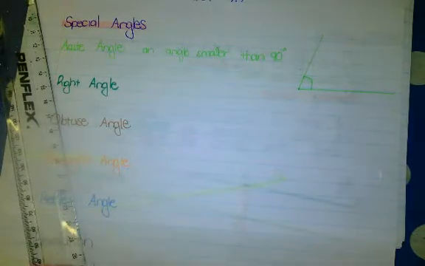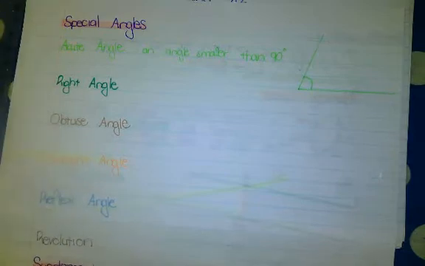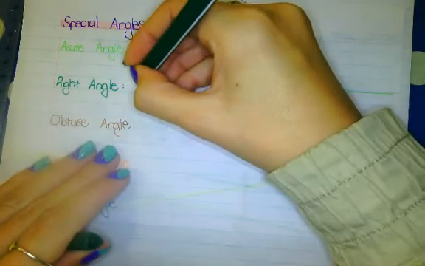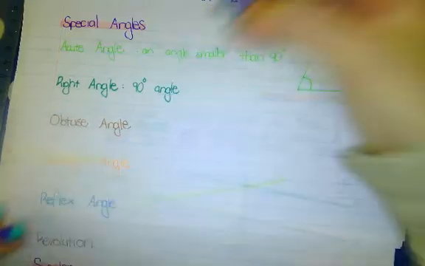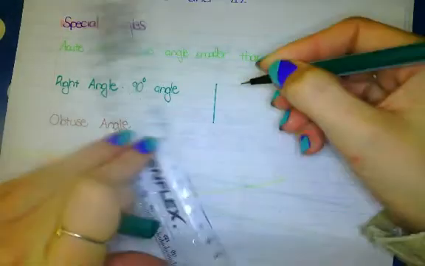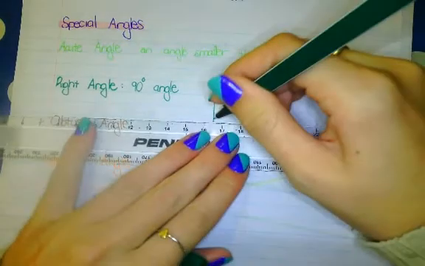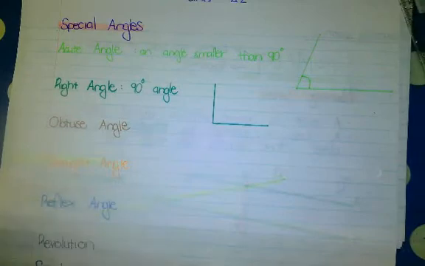Okay, next up, a right angle. Right angle is just a fancy way of saying 90 degrees. So a right angle is a 90 degree angle. So we're going to draw ourselves a right angle. A right angle is one that is a perfect corner, like the corner of a room, a corner of a square or a rectangle.